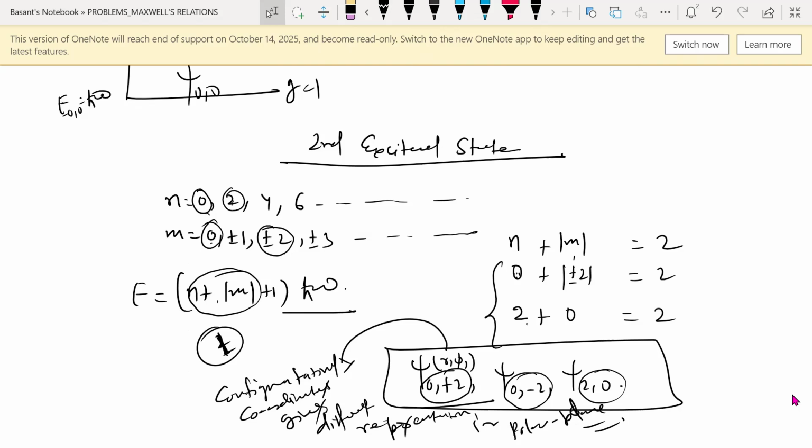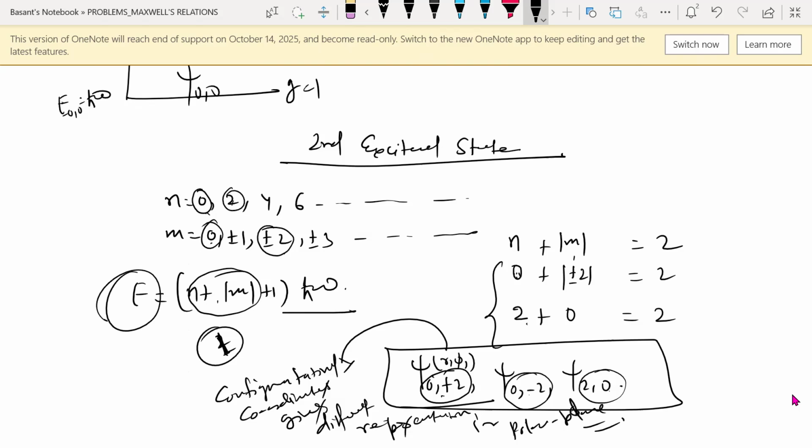Okay. So if the quantum numbers of the state functions are different, there are different sets, then the configurational coordinates give different representation in space. Hence, these are different. But energies are the same.